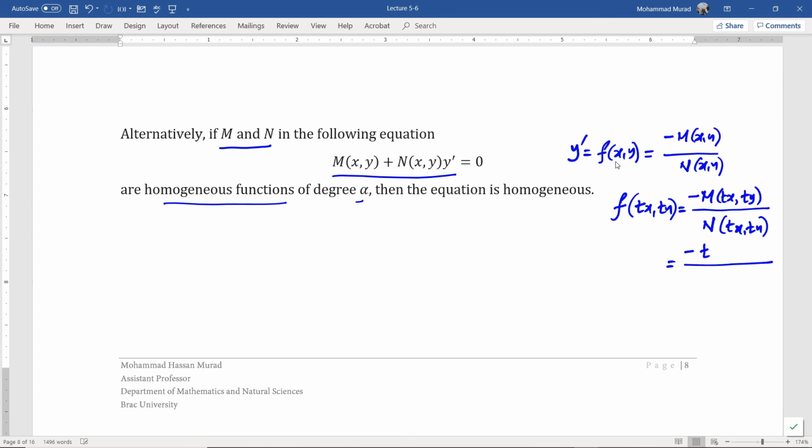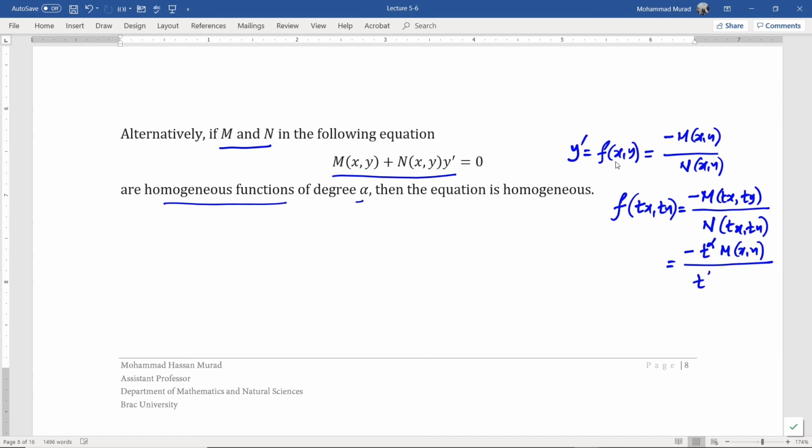Since m is a homogeneous function of degree alpha, we get negative t to the alpha times m of x comma y in the numerator.